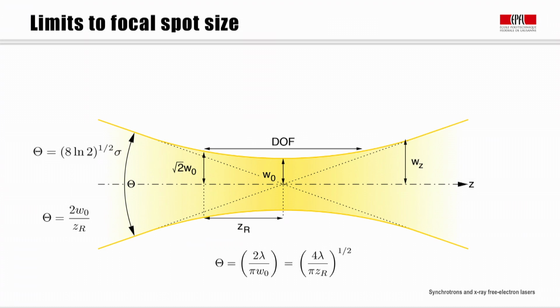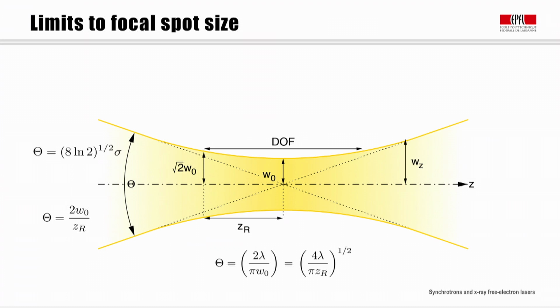As an example, a Gaussian beam of 1 angstrom radiation focused using parabolic optics with big theta equals 10 milliradians or 0.57 degrees will produce a spot size of 6.4 nanometers with a depth of field of 2.55 microns.